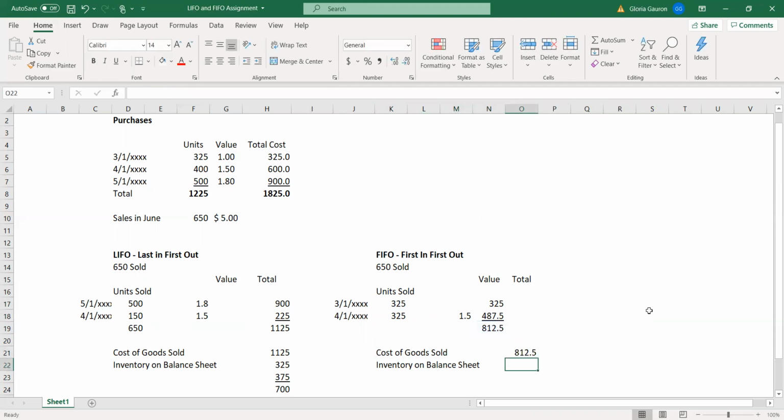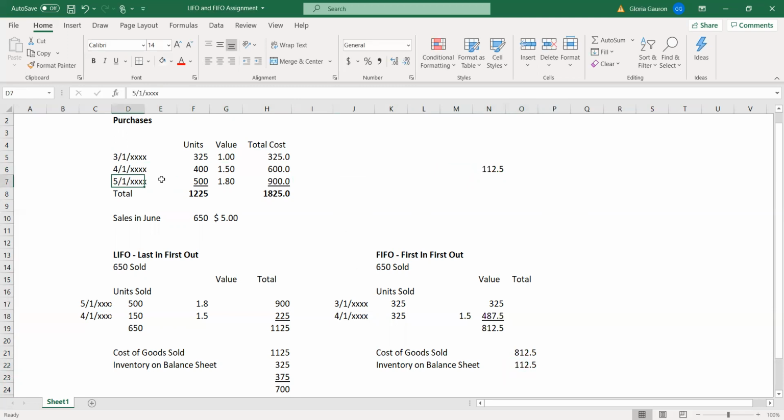Okay, so now what is remaining in my inventory balance? Well, I've used up all of these and they've moved over to cost of goods sold. I've used 325 of these 400 units, which means I have 75 units left at $1.50. So 75 units left at $1.50 is $112.50.